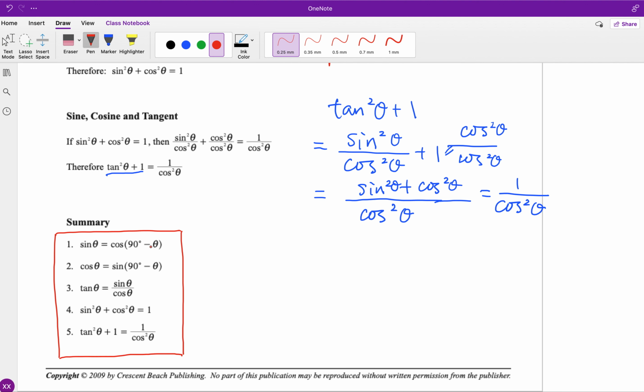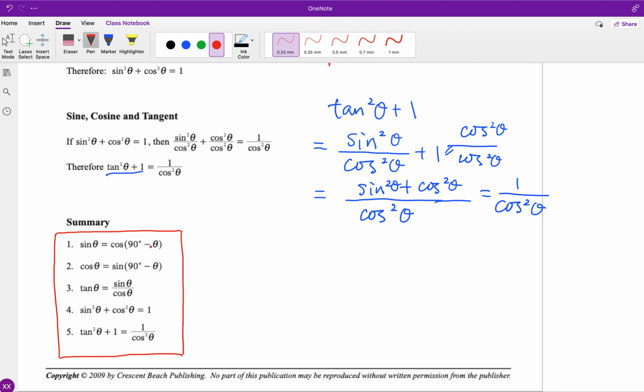So now, for example, we know sine theta is a ratio, 3 over 5. It's an acute angle, which means it is within 90 degrees, so we're in a right triangle. Now find the exact value of cosine and tangent. The very important thing is to draw a right triangle.